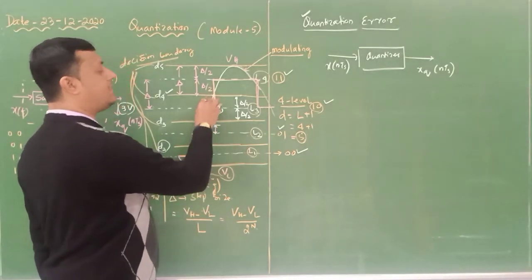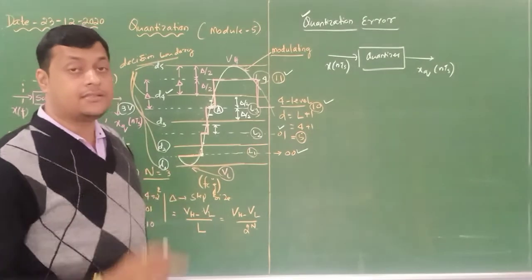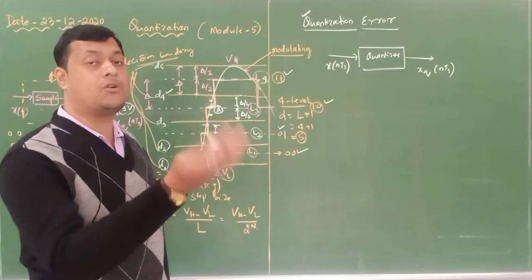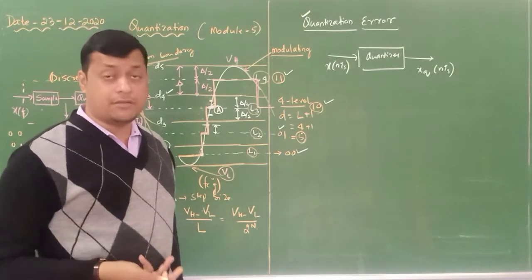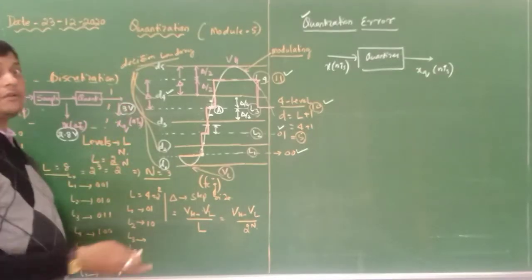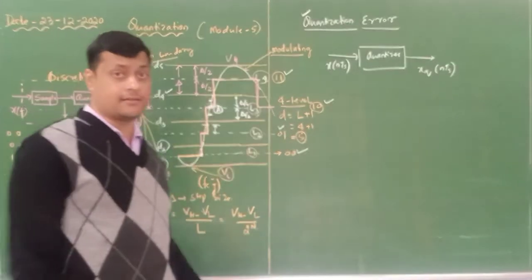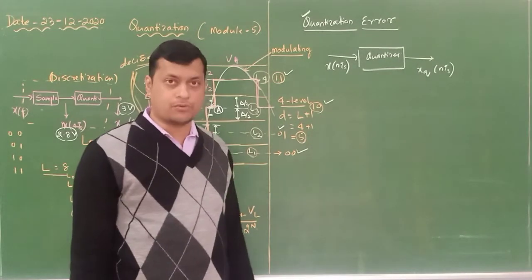But if it falls in L3, the potential difference is very high, because the difference between input and output of the quantizer is high, due to which a discrepancy will be there. I am providing 2.8 volt, but if I am getting 4 volt, that means it is an error, with respect to the input and the output.